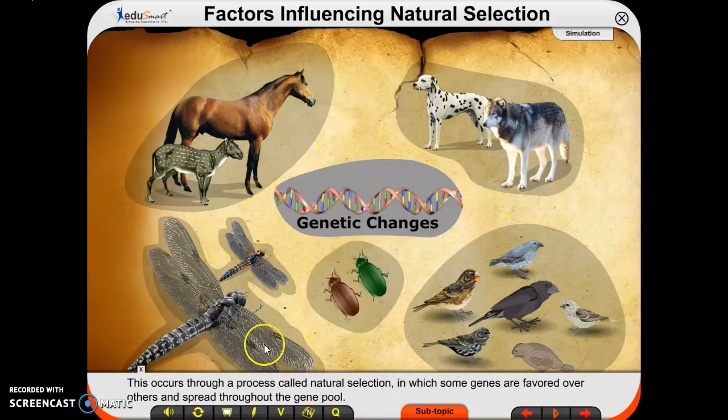So the process of changing is called natural selection, in which some genes are favored over others and spread throughout the gene pool. Because our population of organisms is diverse, and because there's variety or variations in the genes, some of the organisms are better adapted to their changing environment.